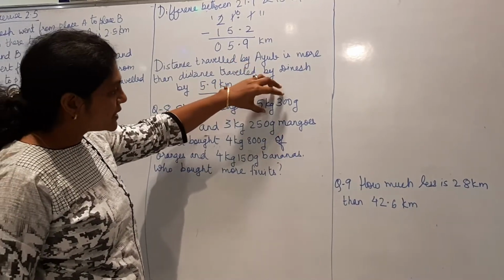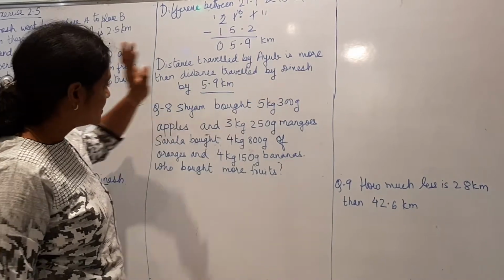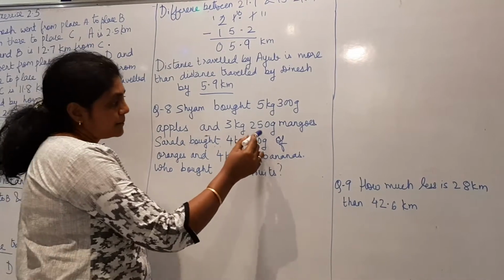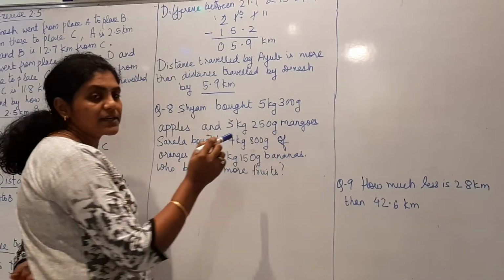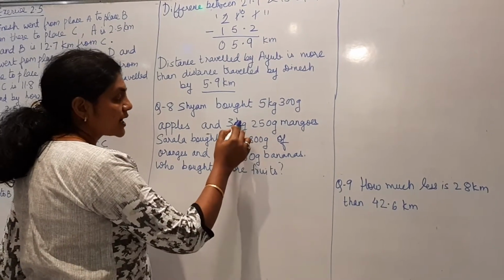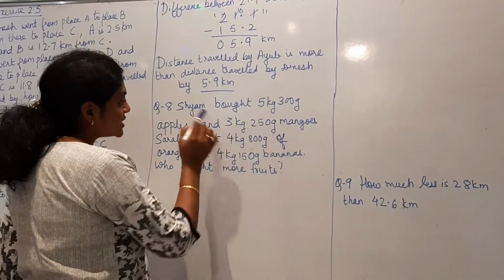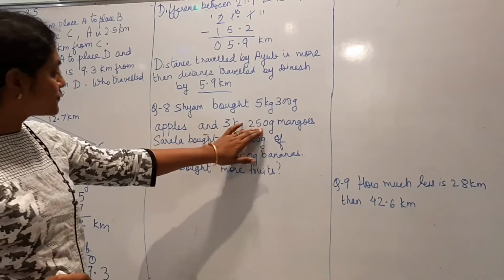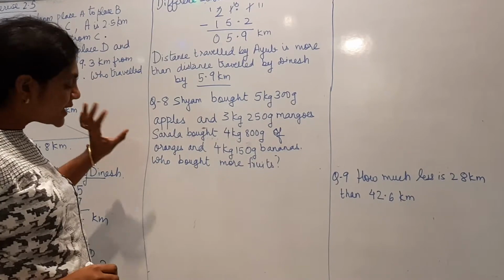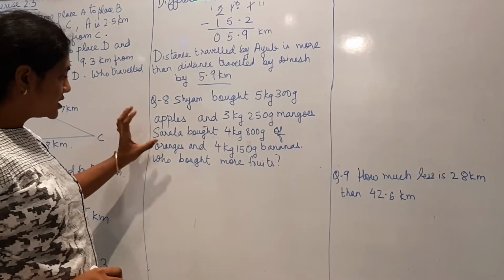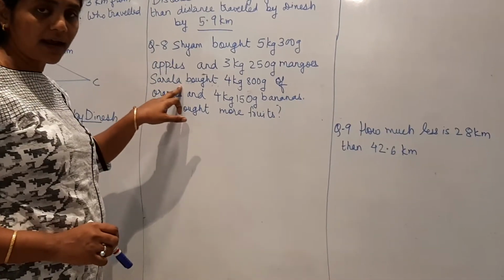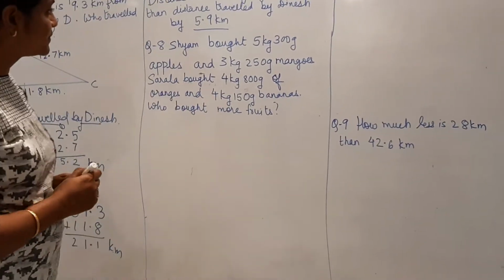So we will be getting 5.3 kg. Again this, 3 kg 250 gram: 250 gram is 0.25 kilogram, divided by 1000. You will convert and add this. So this will give the total fruits bought by Sham. Similarly, find the total weight of the fruits bought by Sarla and then compare it.